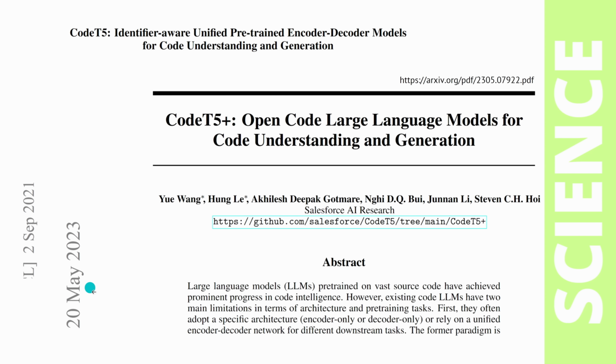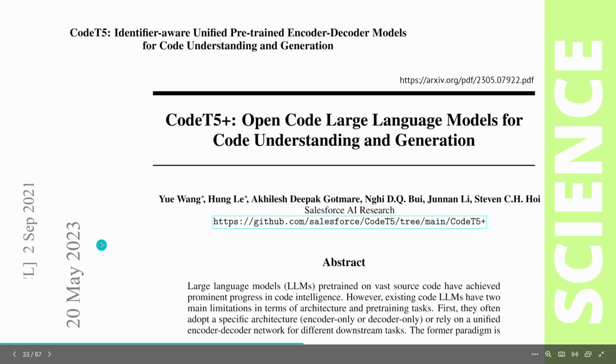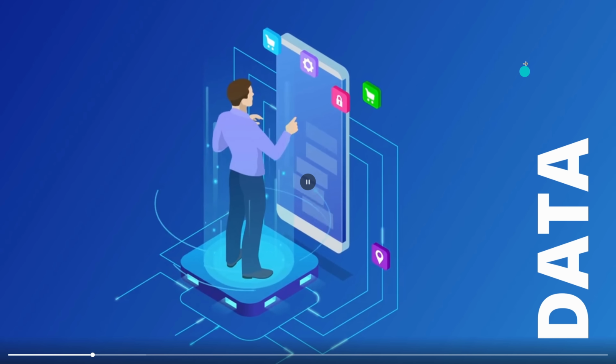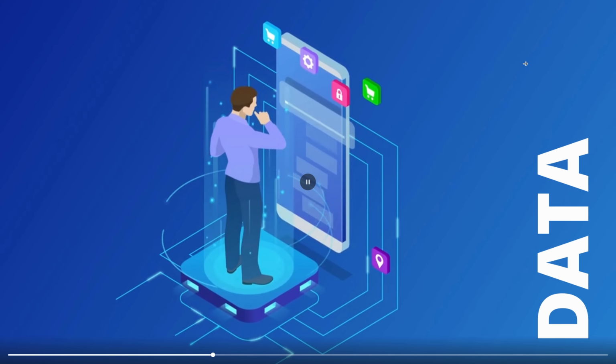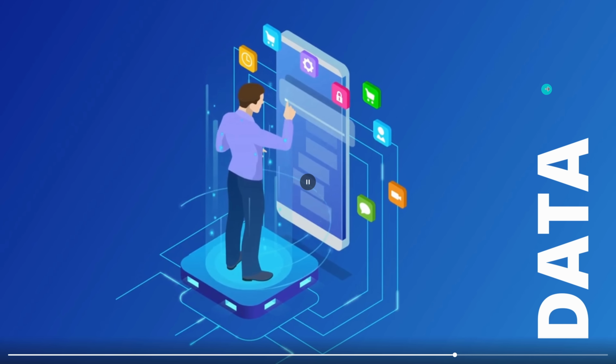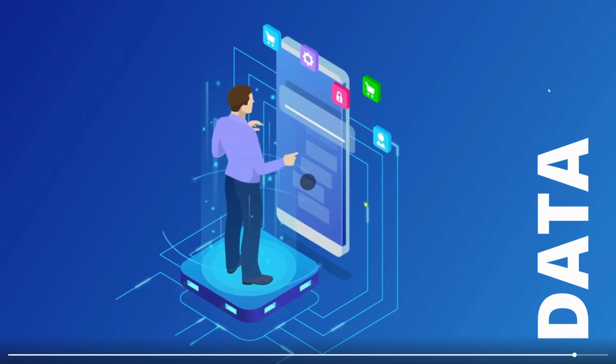They came up now in May 2023 with CodeT5 Plus, an open code large language model for code understanding and generation. So this is now the advanced model, brand new for me when I'm recording this. And I would say, have a look at the training data and the architecture of their transformer architecture.